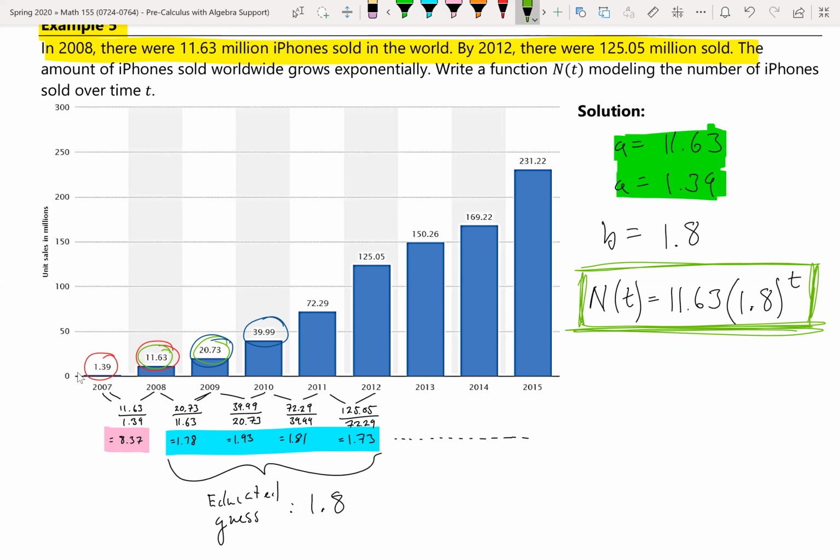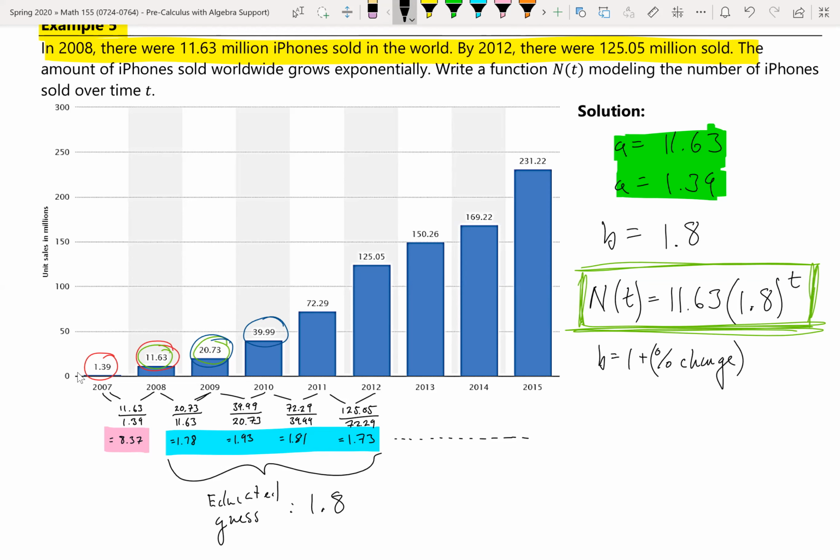So we take that 1.8 and turn it into a percent. Move the decimal place over and then add a 1? In essence, yeah. We know our B is 1 plus some percent change, correct?